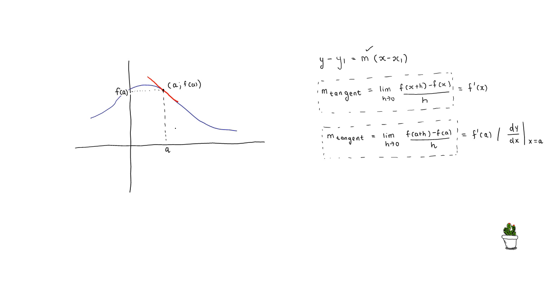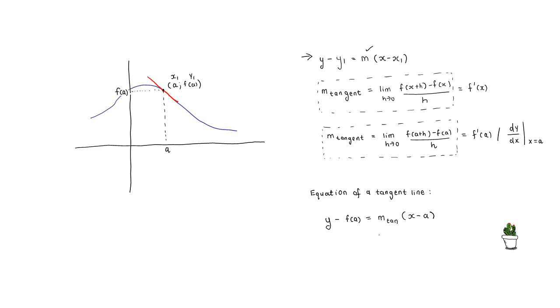Now we can take all of this information and substitute it into the famous straight line equation, and what we'll get is that the equation of a tangent line is given by y minus y1, which is going to be our f of a, equals the gradient of the tangent, into x minus x1, which is given by our a value, so a.